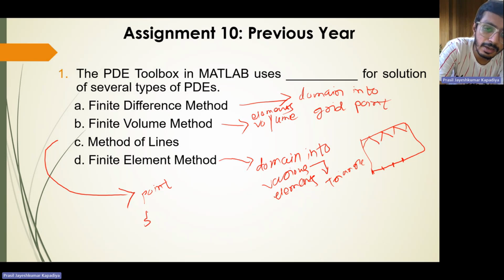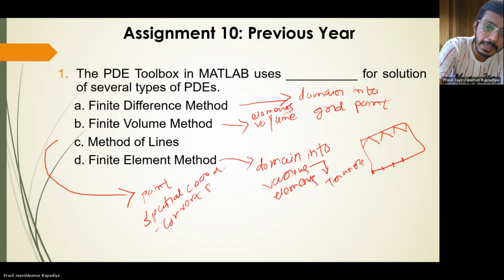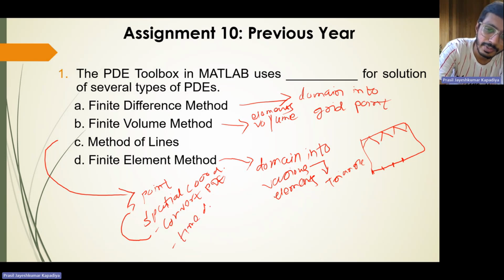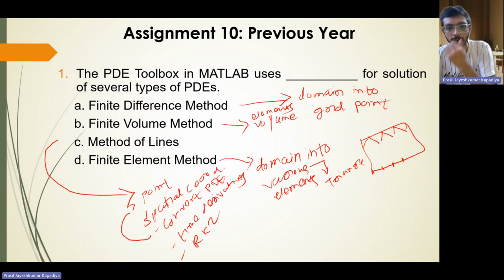On spatial coordinates, we convert the PDE into these points. And then at each of those points, we have time derivatives. These time derivatives are solved by using, let's say RK2 or some inbuilt MATLAB codes. Okay, so these are the various methods available.